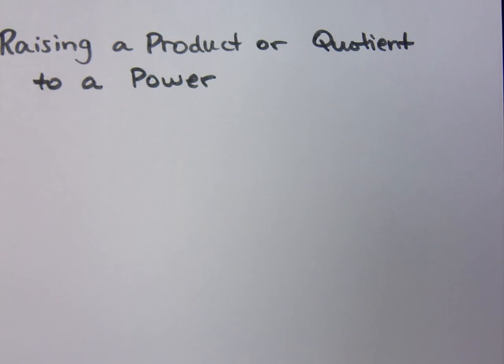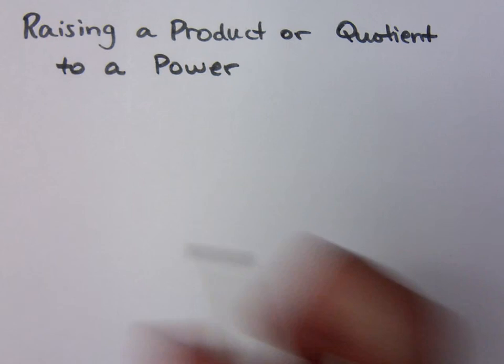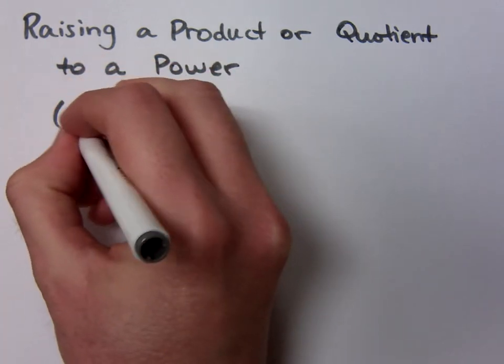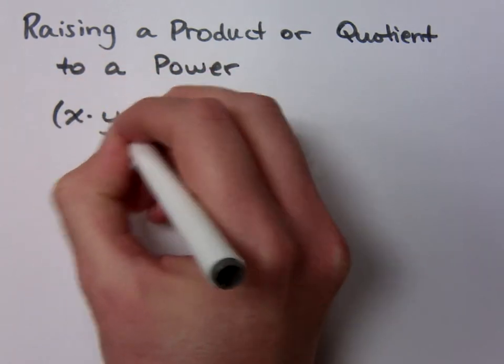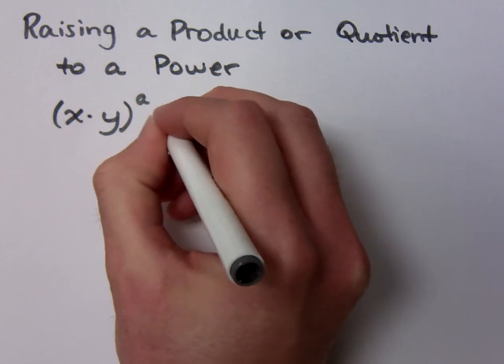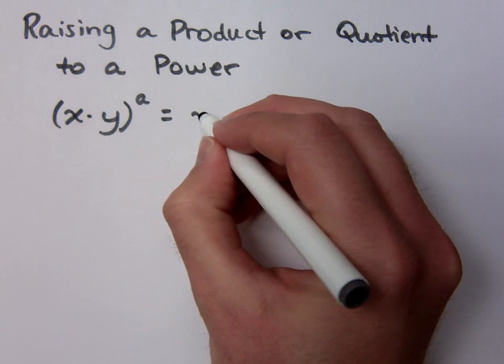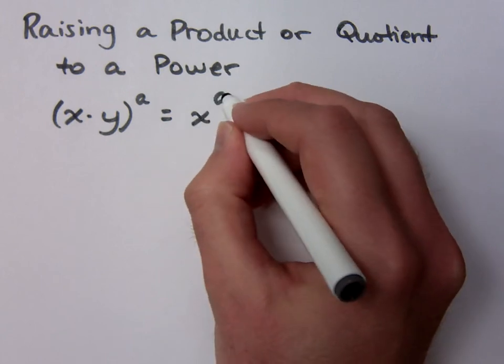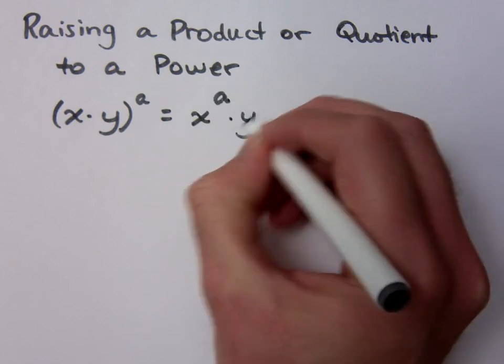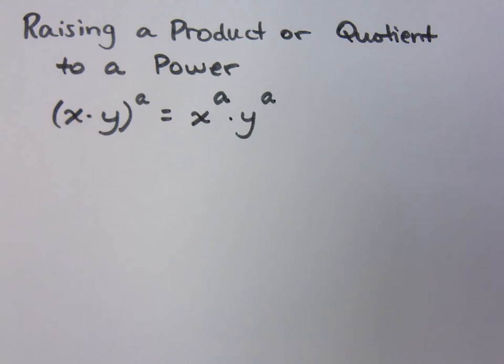Let's look at raising a product or a quotient to a power. If I have a product, say x times y raised to the a power, well, that power gets applied to all of the factors that are inside. So that's going to make that x to the a and y to the a.